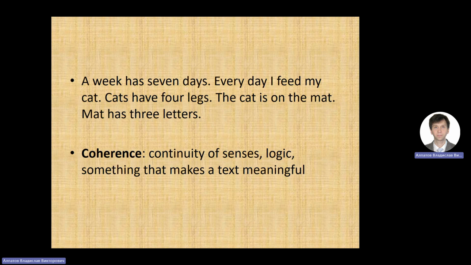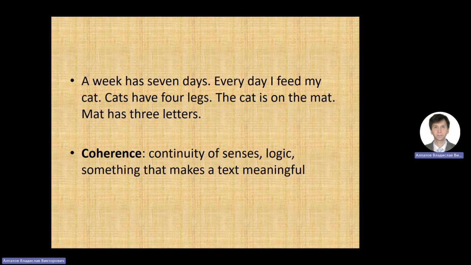Every sentence is linked to the previous one by means of repetition, coreference, so it is ideally linked together. However, it is not a text, in the full understanding, because it doesn't contain coherence, and this is the second type of relations in the text, the second type of ties which hold the text together.